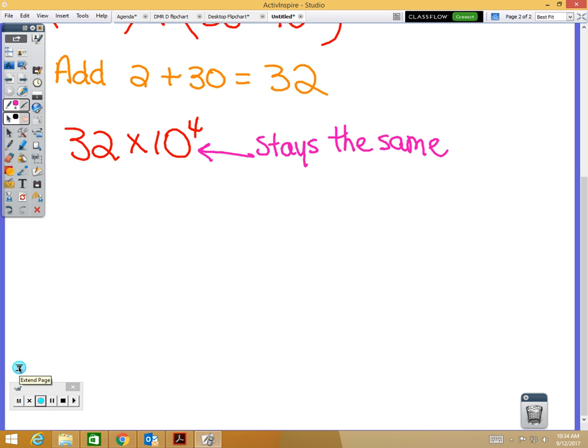The last thing that we have to do, we should be somewhat comfortable with, because we've had to adjust before, where this is not in correct scientific notation. Because remember, in correct scientific notation, our decimal has to be between the first and second digit. Right now, the decimal is after that 2, so we need to adjust our answer.